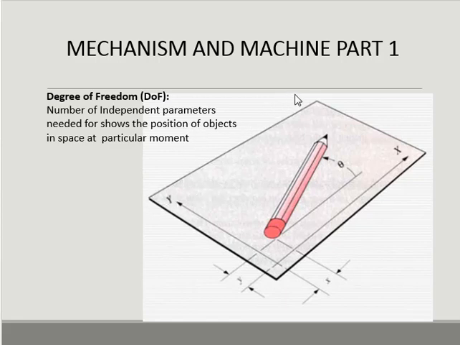Look at the illustration. We have a pencil. The pencil is an example of a rigid object, or connecting rod, or link, assumed not to experience deformation during displacement.